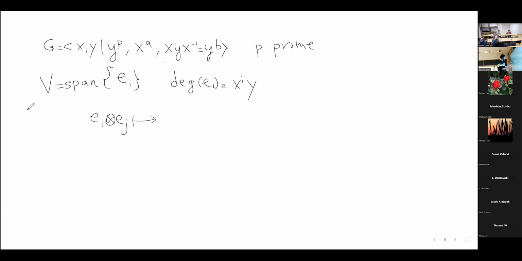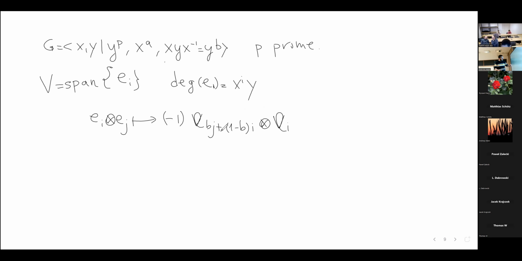We get that e_i tensor e_j maps to minus e_{bj+1} tensor e_i. Again, it should be e, not V. Shouldn't this be minus 1 raised to some power? No, it's just minus 1. Yeah, okay, because these are just like what happened before.